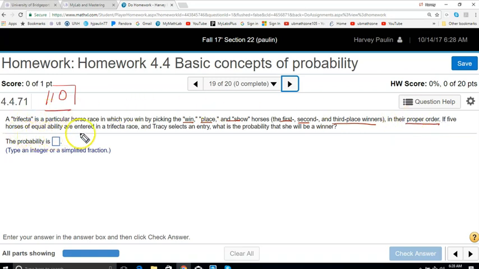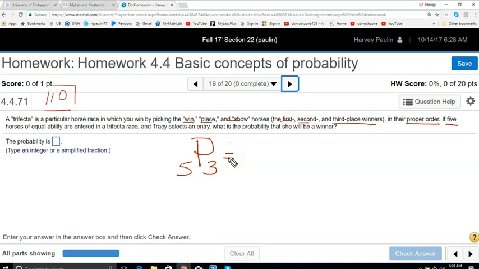So first, we have to figure out how many horses are in the race here. And here it is over here, 5. So order is important. So it's permutations, 5, and you're going to pick out 3.